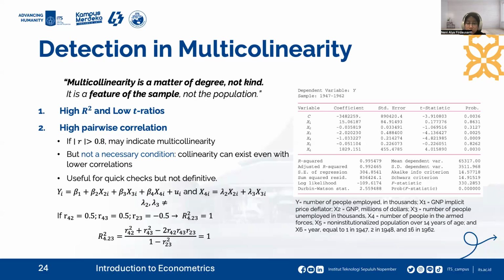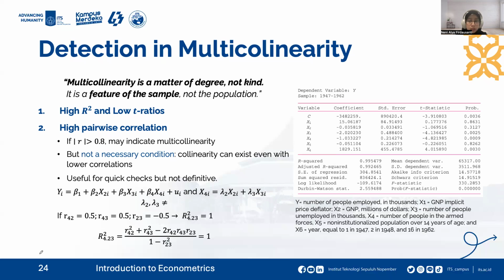Sometimes, even though they have a low correlation between the regressors, collinearity can still exist. So then how do we check? Let's say this example: we have this regression, y equals x2, x3, x4, and we know that x4 here is a linear function of x2 and x3.